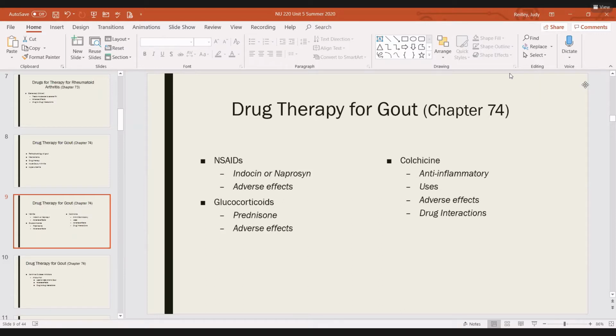When you look at the adverse effects of this medication, we're going to have some GI issues. We're going to have possibly some bone marrow functions that are affected. Patients might end up with leukopenia. They might have thrombocytopenia.